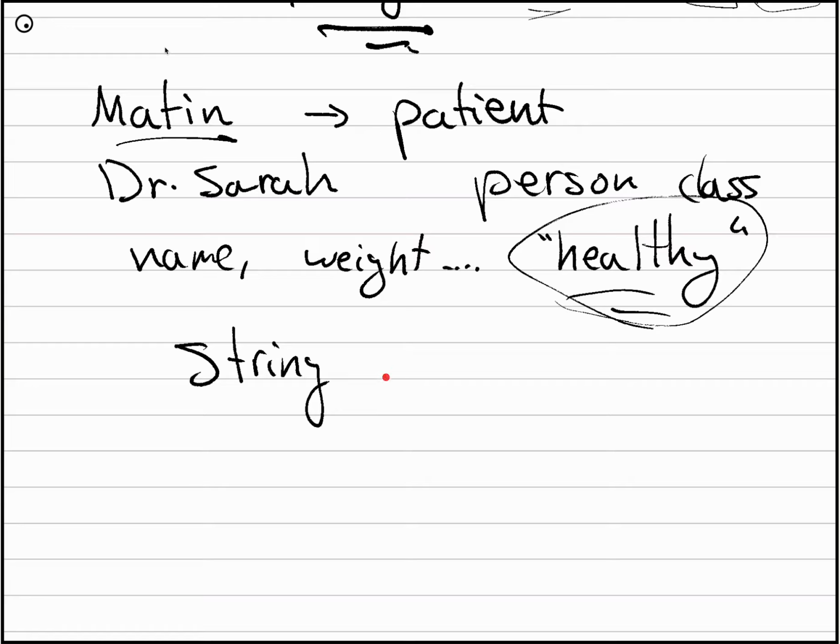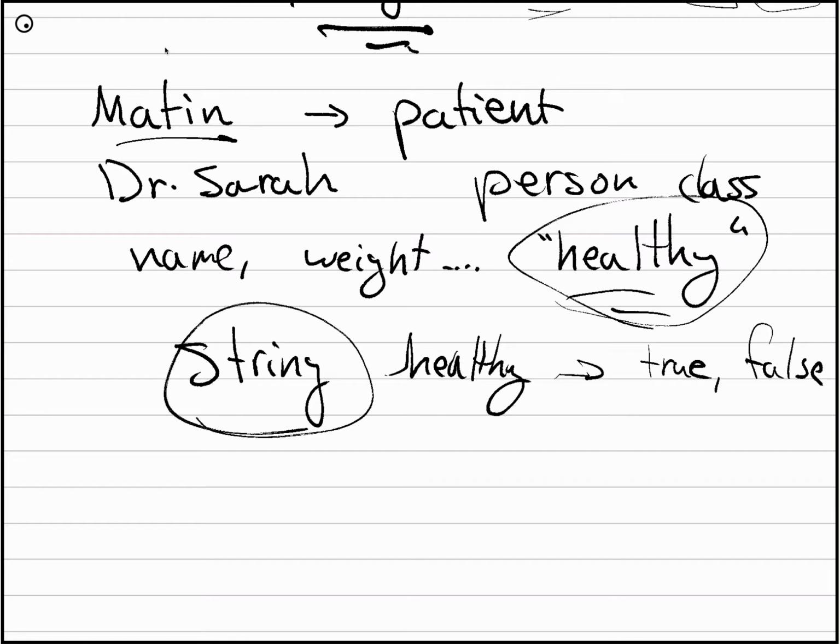Yeah, so if we had a string and it could be set to either healthy or unhealthy, true or false, I guess. The thing that we need to remember is that strings are not a good representation of information.